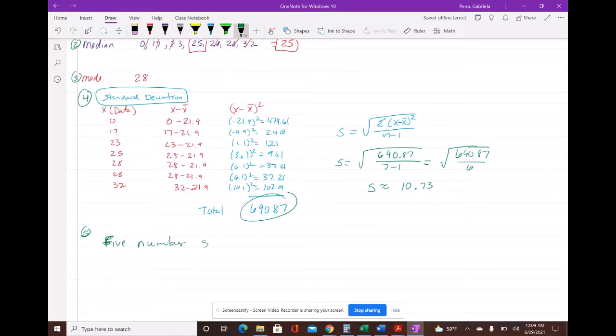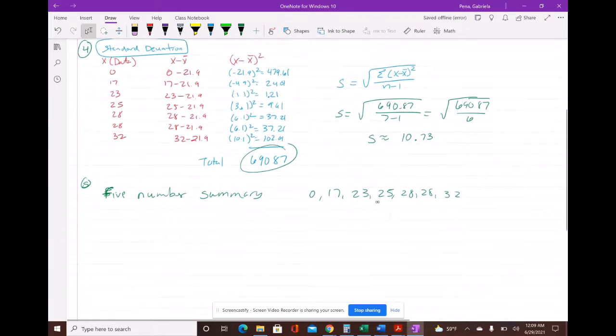Now that 5-number summary, once again, is off of numbers that were given to us, but I'm going to go ahead and rewrite them. Now, I need a minimum. I need Q1, Q2, Q3, and I need my max.